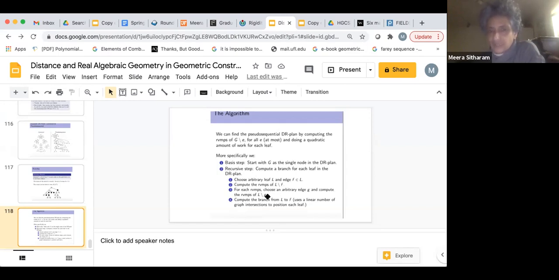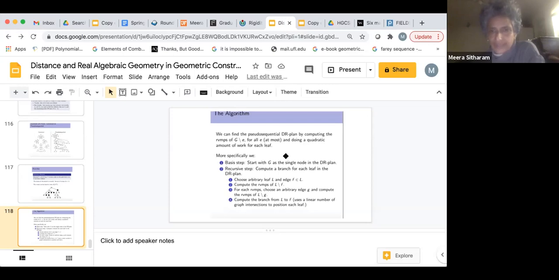And then for each of the rigid vertex maximal subgraphs, you choose an arbitrary edge G and compute the rigid vertex maximal subgraphs of L difference G, and then compute the branch from L to F. And this uses a linear number of graph intersections to position each leaf.